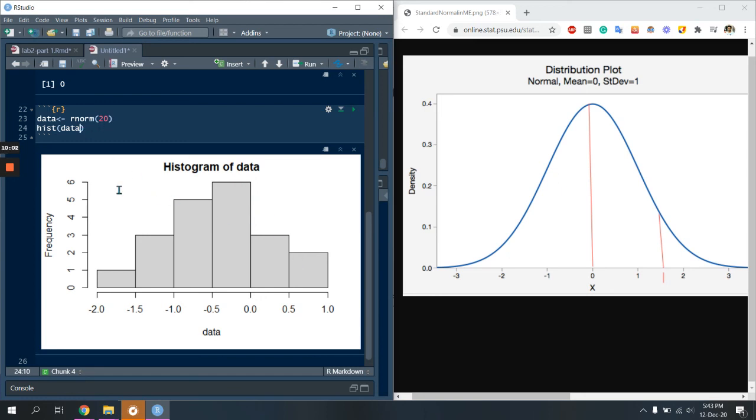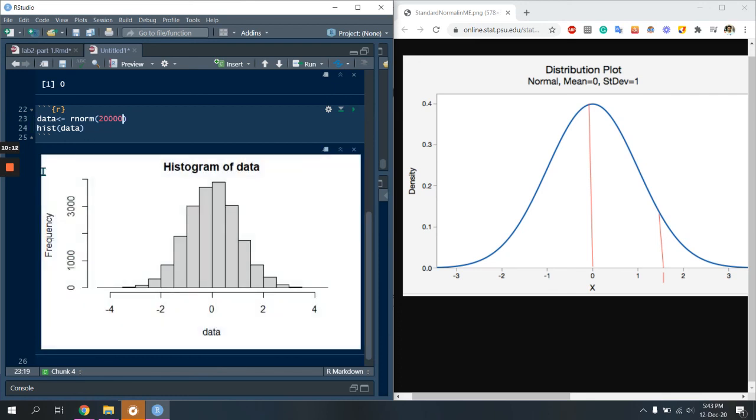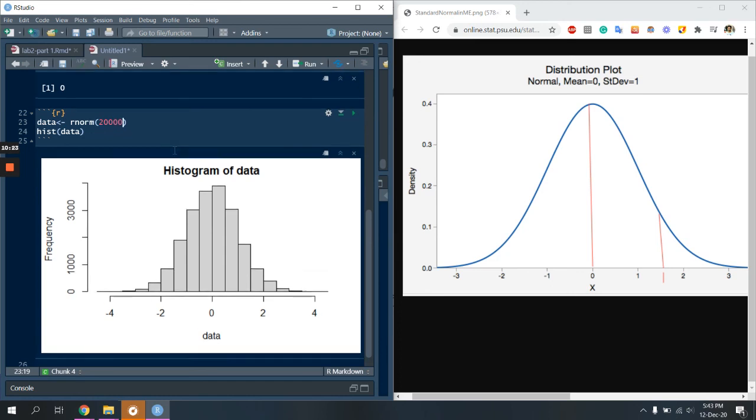This is not that smooth or perfect, but if I increase the random numbers, suppose to 20,000, it should look like a perfect histogram that follows normal distribution. So that's the use of rnorm for generating random numbers that follow normal distribution.